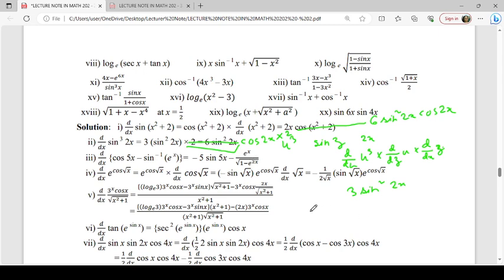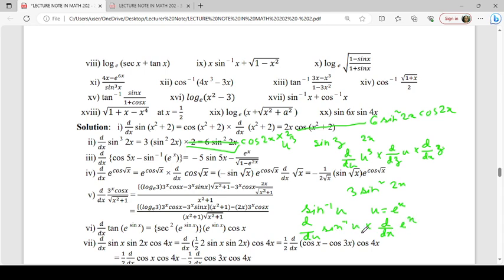So sine inverse u, and then u is e to the power x, so it is d/du of sine inverse u into d/dx of u, that is e to the power x.